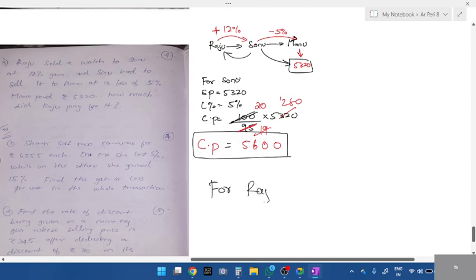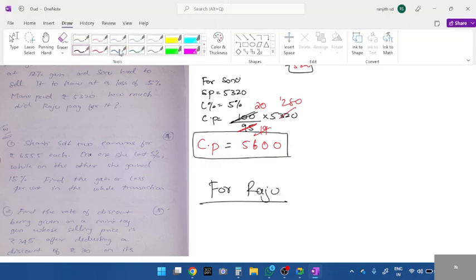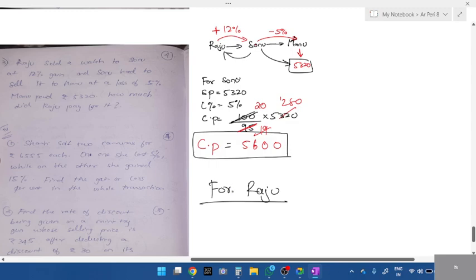Raju, right? Yes, Alia, tell me, for Raju what will it be if 5,600 is the cost price for Sonu? What is this for Raju? No, no, not cost price. Wrong. For whom is Raju selling it?